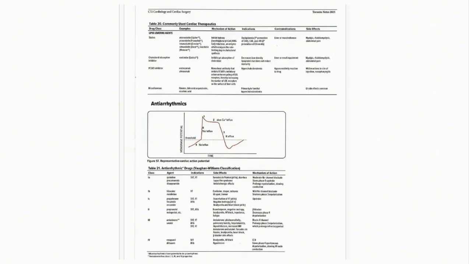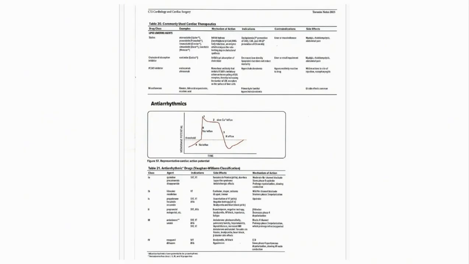Class 1C examples include flecainide, propafenone, and encainide. Indications include supraventricular tachycardia, ventricular arrhythmias, and atrial fibrillation in selected patients without structural heart disease.